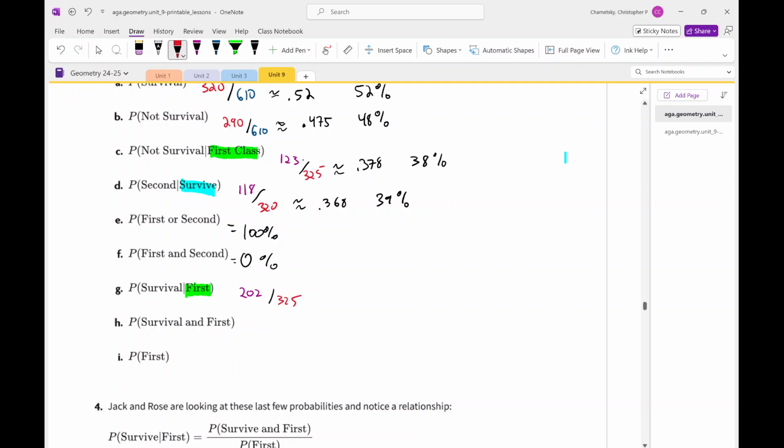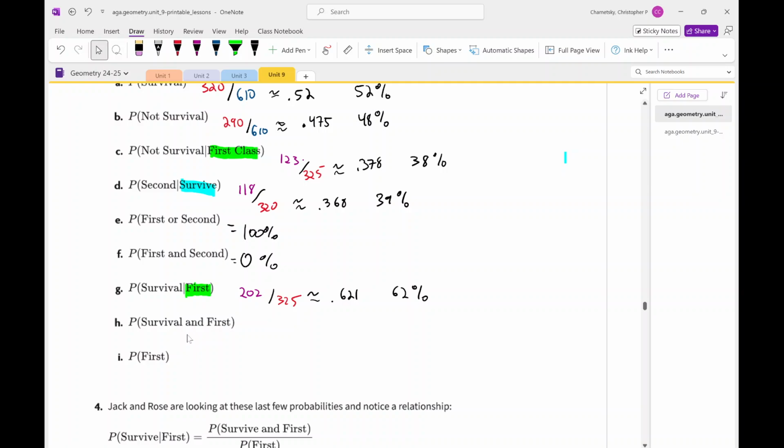So 202 out of 325, which gets us approximately 0.621, or 62%. That would make sense because the percent that did not survive was 38%. So those two have to add up to 100.